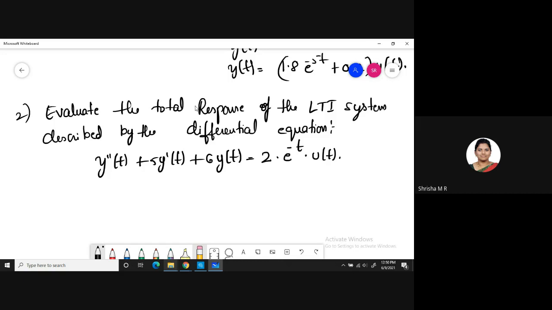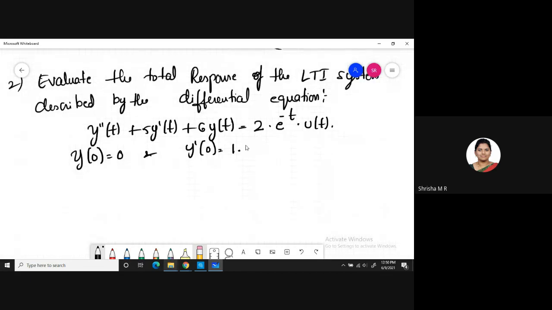The initial conditions given are y of 0 equal to 0 and y dash of 0 equal to 1. You have to find the total response of the LTI system.